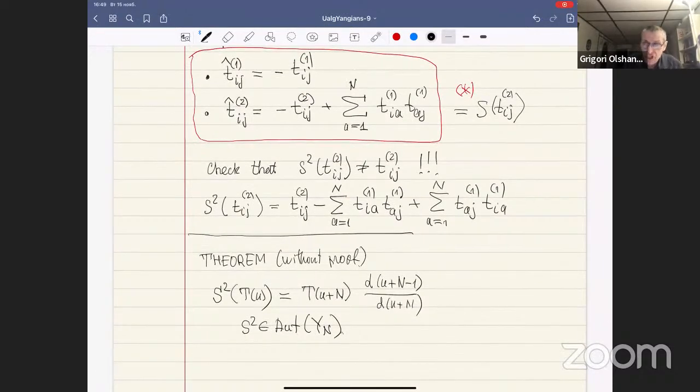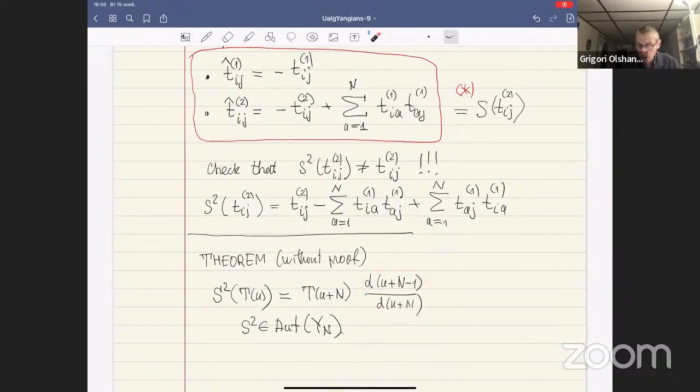One is the shift of the argument. And because the RTT relation is stable with respect to shifts, as we already discussed, this is a correctly defined automorphism. And next we have multiplication by something which is central.